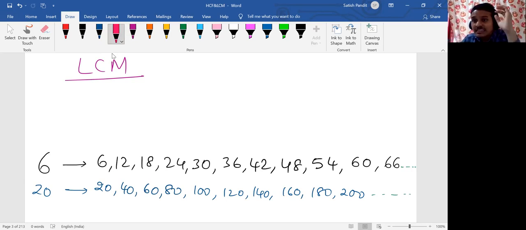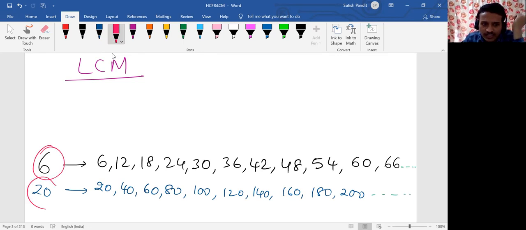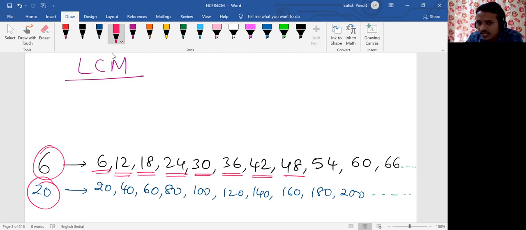So LCM is the least common multiple between the numbers. So you have the numbers 6 and 20. What is the least common multiple? So see, is 6 common to both? No. Is 12 common to both? No. Is 18? No. 24? No. 30? No. 36? No. 42? No. 48? No. 54?